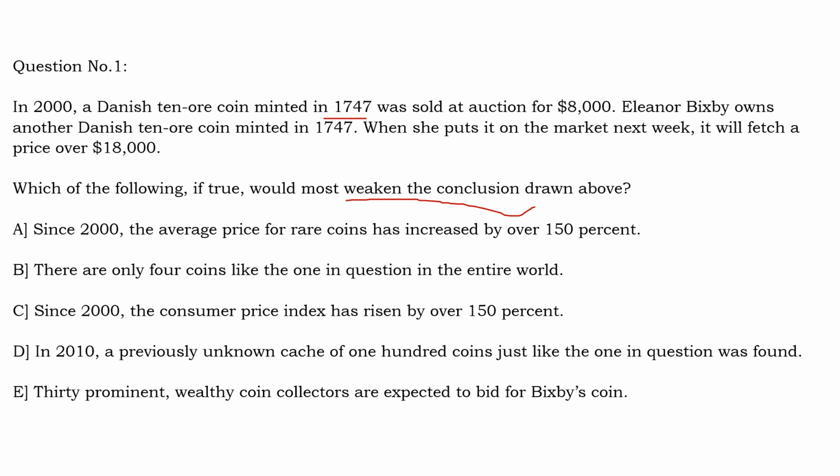So 12,000 plus 8,000, $20,000 she should get for this coin. Whereas she is expecting to get only around $18,000, which is definitely lower than $20,000. So if the average price has increased by 150 percent, she will definitely get $18,000. So this statement is not going to weaken the conclusion, it is actually strengthening it. So not your answer.